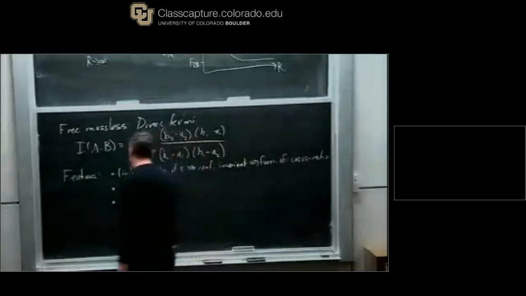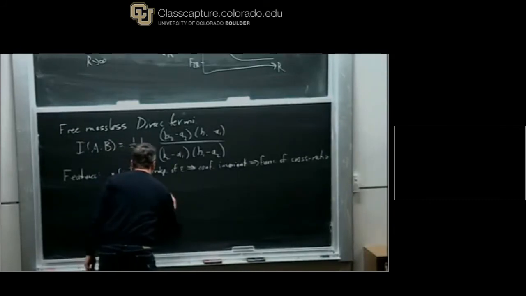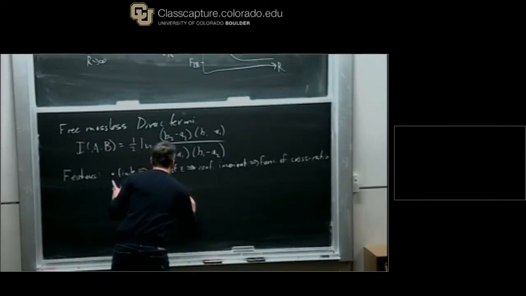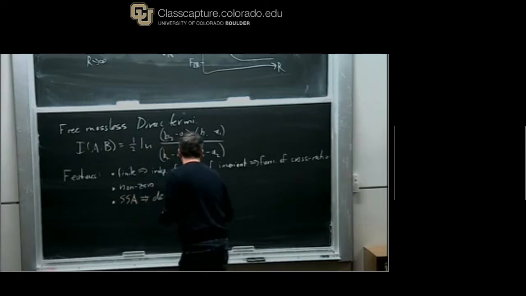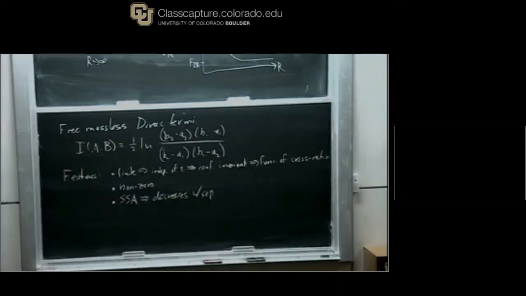And that means that it's a decreasing function, using the fact that it's a function of the cross ratio. It decreases with the separation, which also makes sense, right? The amount of correlation should go down as I increase the separation, fixing the two sizes.